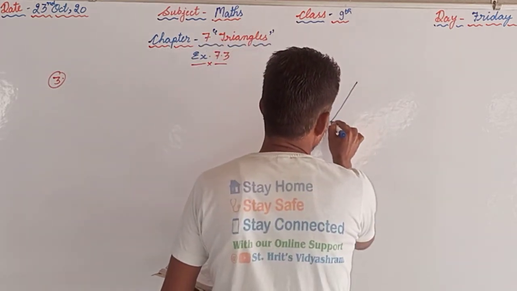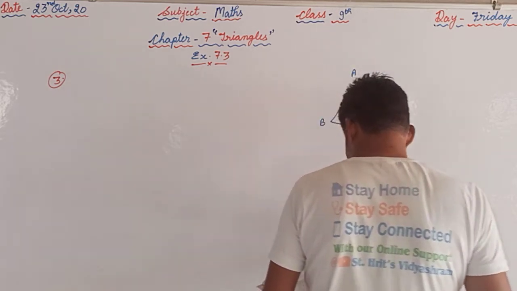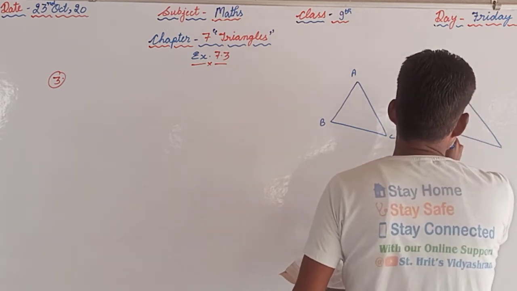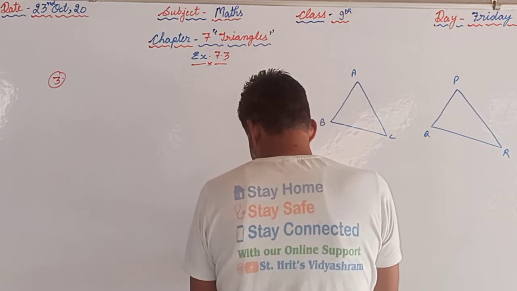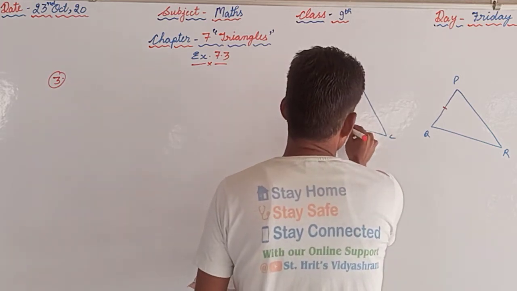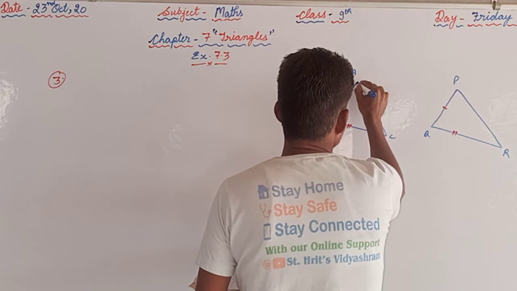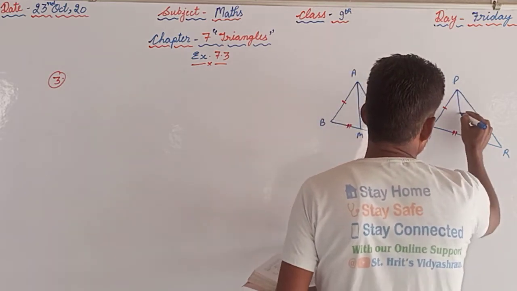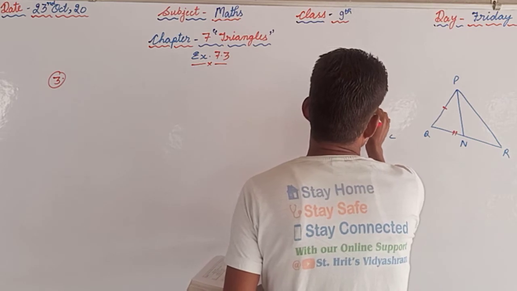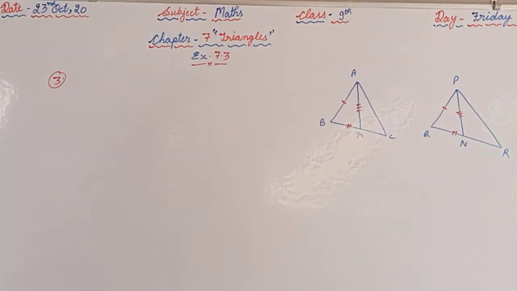One is ABC and the second one is PQR, in which it is given that AB is equal to PQ and BC is equal to QR, and the medians AM and PN are also equal.